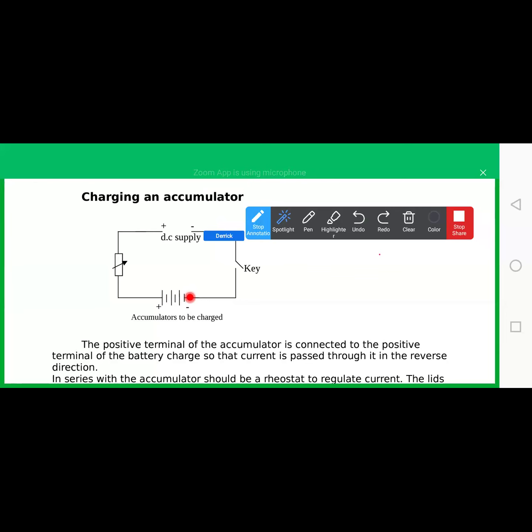So in design, the anode is connected to the positive terminal of the DC supply, and the cathode is connected to the negative terminal of the DC supply.